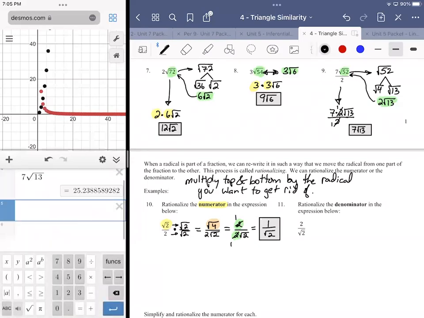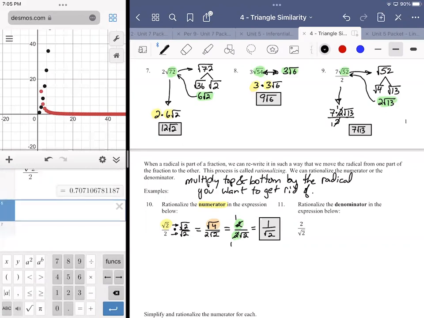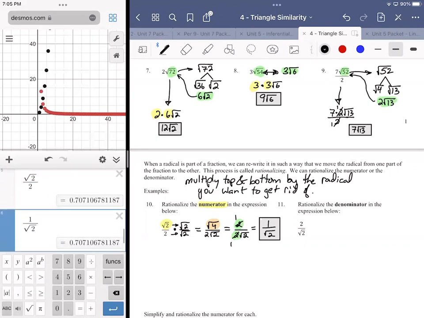If I type in a fraction with a radical 2 on top and a 2 on the bottom, I get that decimal. If I put the 1 on the top and the rad 2 on the bottom, I get the exact same decimal. So these two fractions are equivalent. Rationalizing the denominator is the same skill, except I want to get the radical out of the bottom of the fraction.